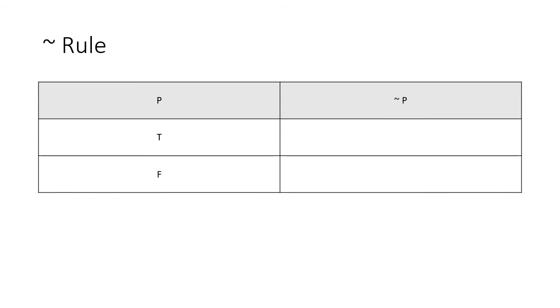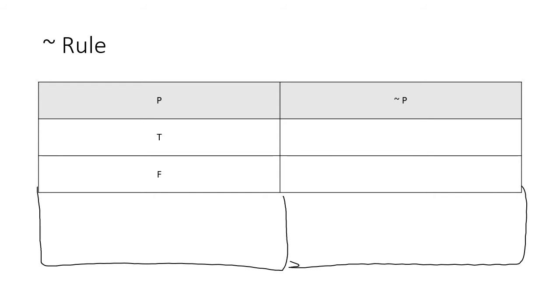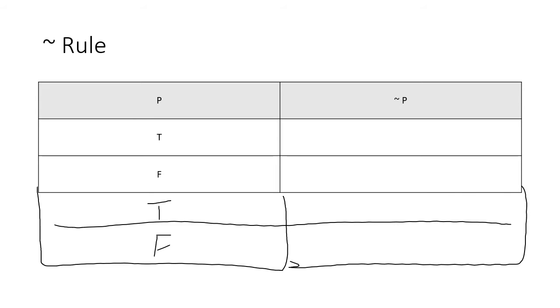In almost all of the truth tables that we'll do, you'll always have at least 4 rows. And in that situation, what you'll have if you have a tilde is just a repeat of the same truth values. So this will pretty much just get copied into here.